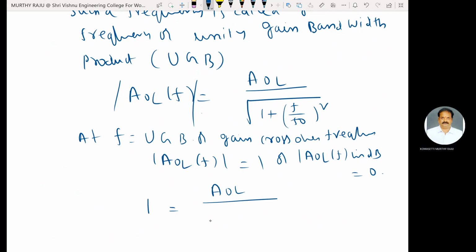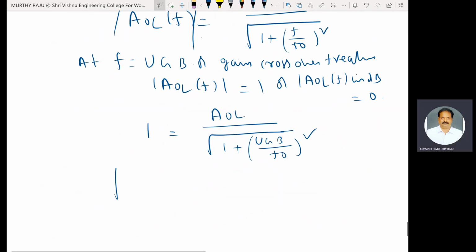AOL by square root of 1 plus (unity gain bandwidth product by F naught) whole square, that is equal to AOL.